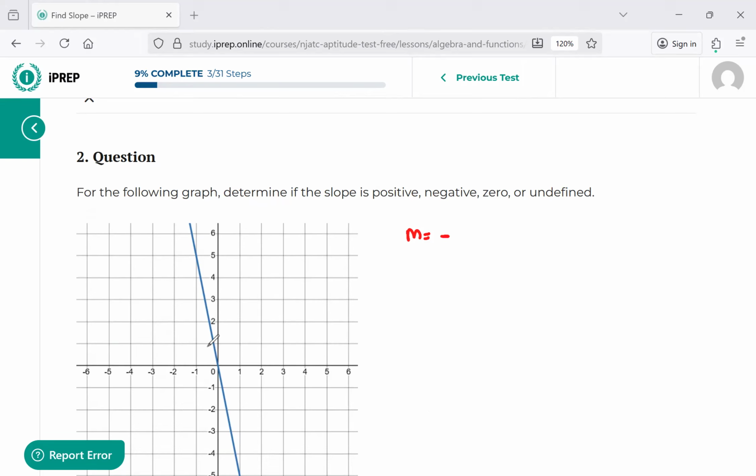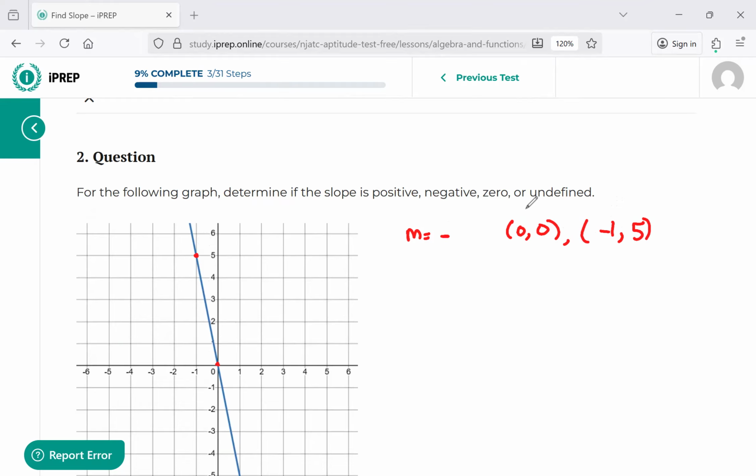So just to be safe, I'm going to pick two random points that are exactly on the line. It goes through the origin, so you can definitely use the point 0, 0. Then I need an exact point on this line, so maybe this one right here, which is expressed as negative 1 comma 5. X direction, then Y direction.